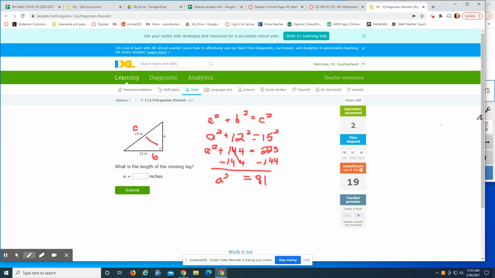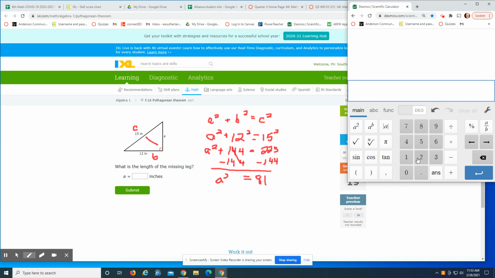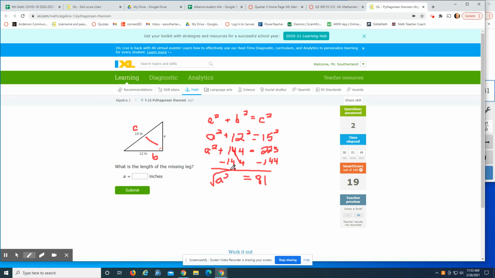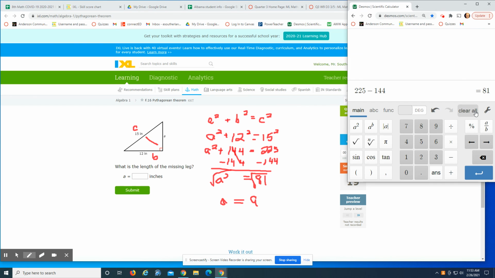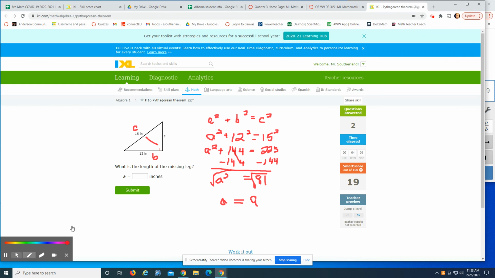Again, you can use the calculator to double check if you want. And then we'll find the square root of both sides. The square root of A squared is A. And then the square root of 81 is 9. But again, you can use the calculator to double check just to make sure. And so I would type in 9 here for A.